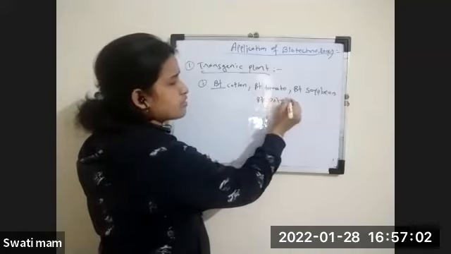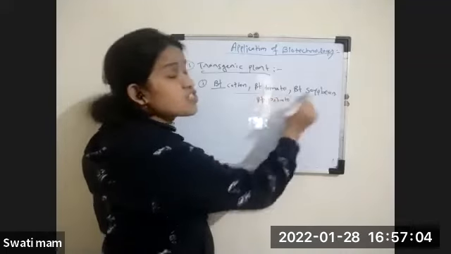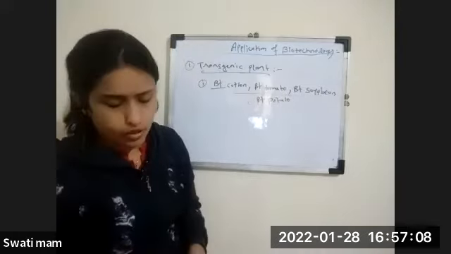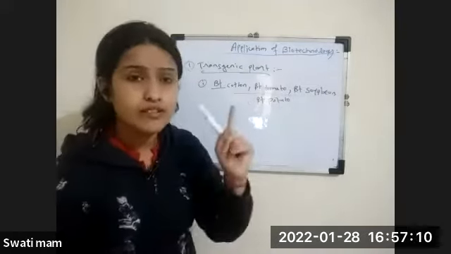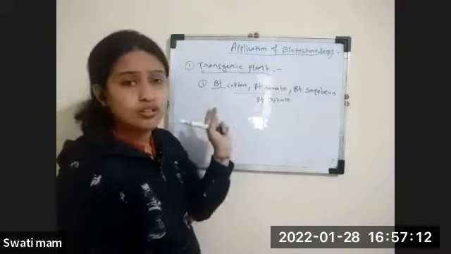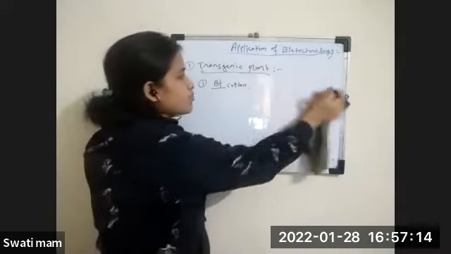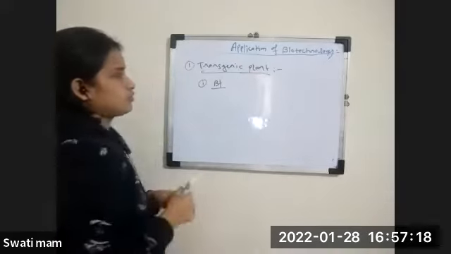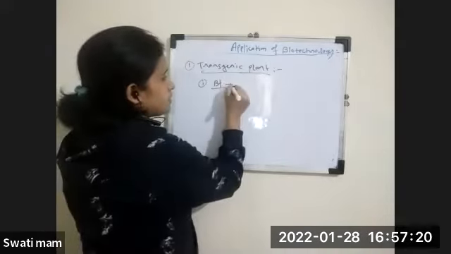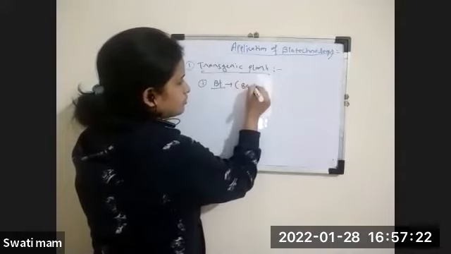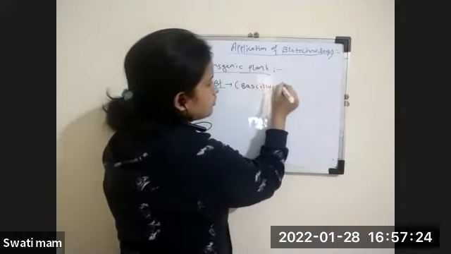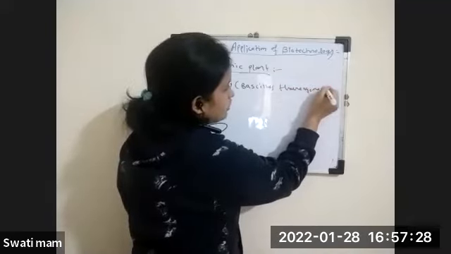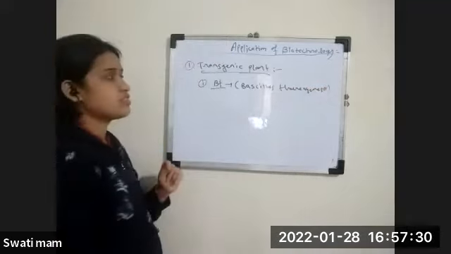So these are certain examples of transgenic plants formed by the process of biotechnology. Now I'm explaining only one example regarding all this. So for example, we are taking Bacillus thuringiensis. What happened in this process?